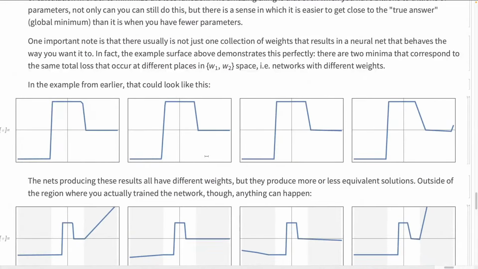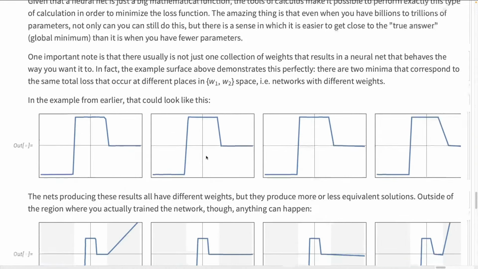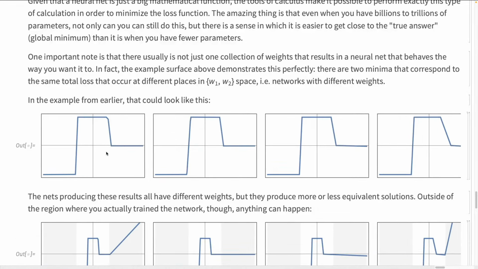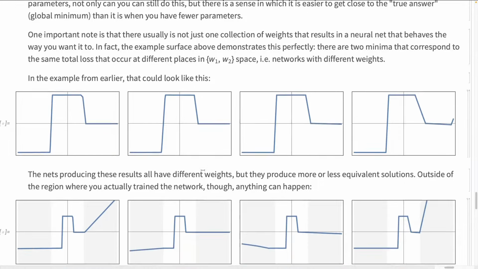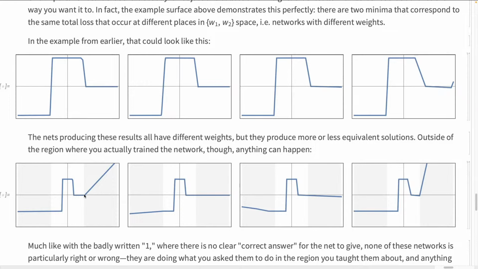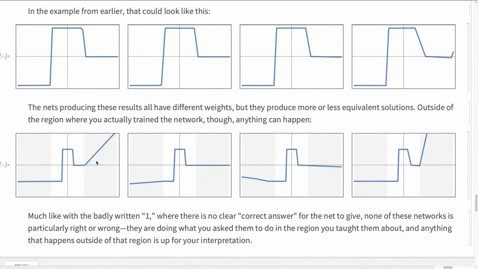So here are some examples from the earlier net where different weights are used, but they all produce the same output, more or less. Over the range of interest, they all produce pretty much the same output, but those weights can result in some pretty wildly different outputs beyond the range of interest. Now, we might look and say, this one and this one are pretty good, right?